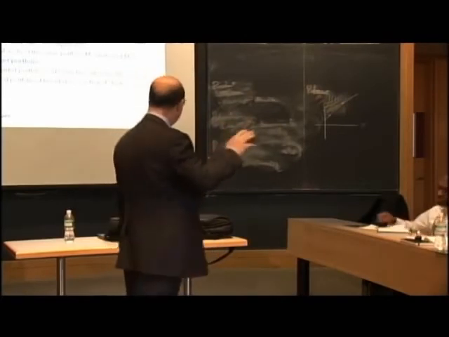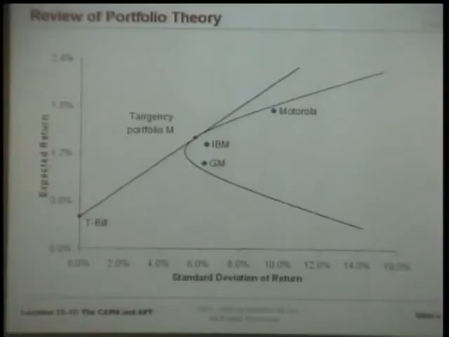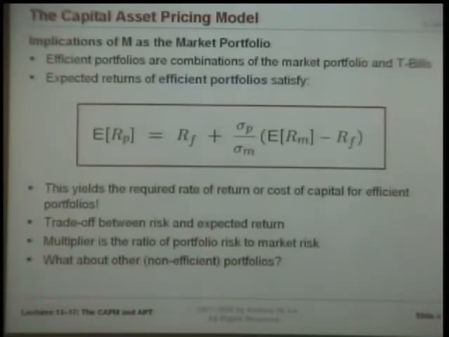So let me show you where we go next because we're very close now to the big payoff. We've already identified the tangency portfolio as being special. I'm going to call that portfolio M, and I'm going to argue that everybody in their right minds is going to be indifferent between picking among these two investment opportunities, T-bills and M, versus the N+1 investment opportunities of all stocks plus T-bills. Okay.